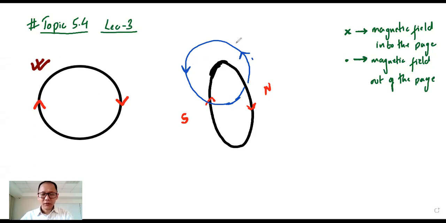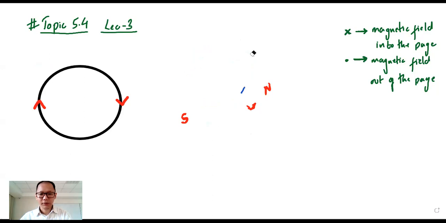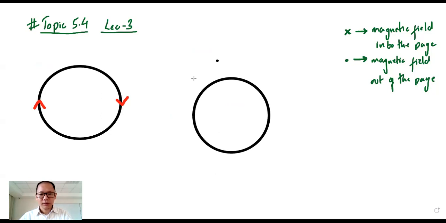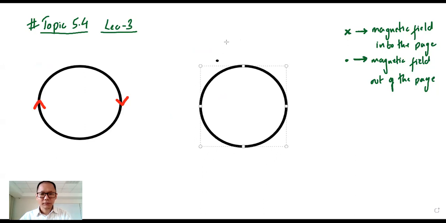Now, let me review a little bit on this last section, and after that we will be done for today. If you have a circular wire here, let me just draw a circular wire, and the current is in the opposite direction like this.